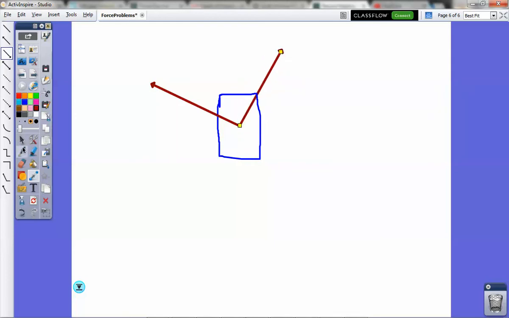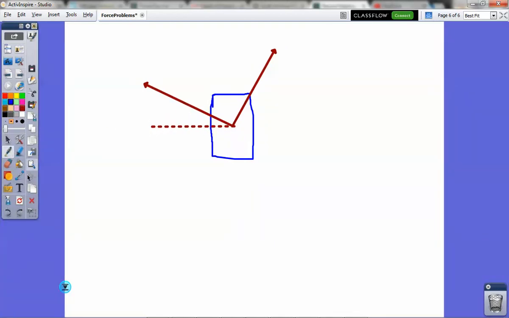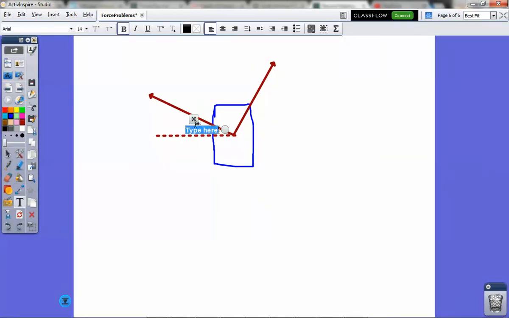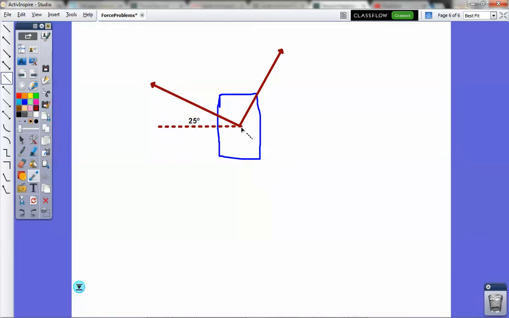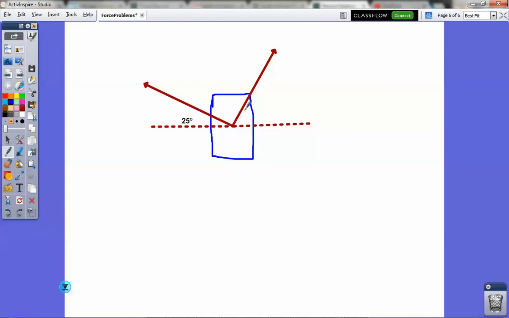Okay? So this one here, let me place some dashed lines to get some reference angles. This cable here is going to be 25 degrees. And this angle here, let's draw another one of those lines, is going to be 60 degrees.